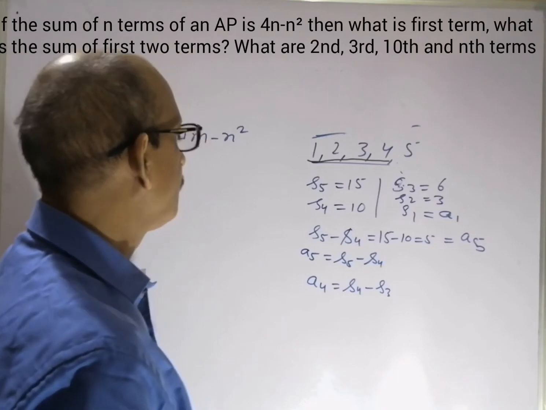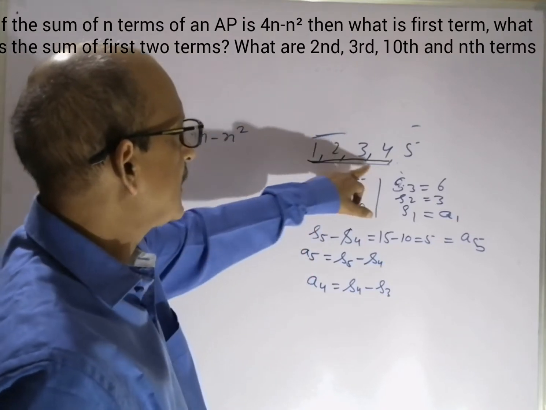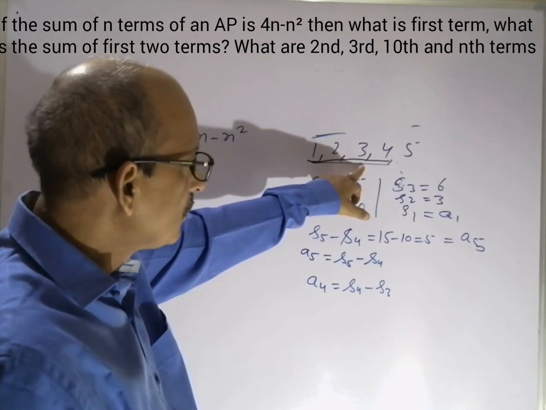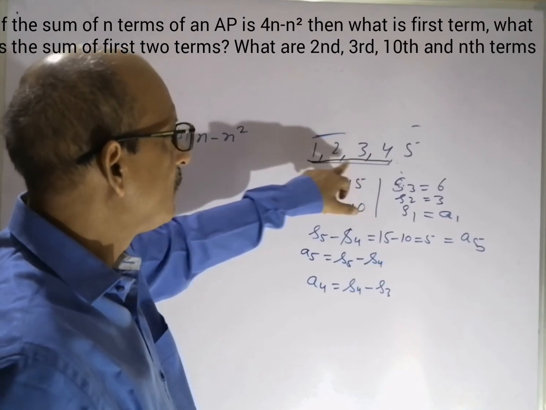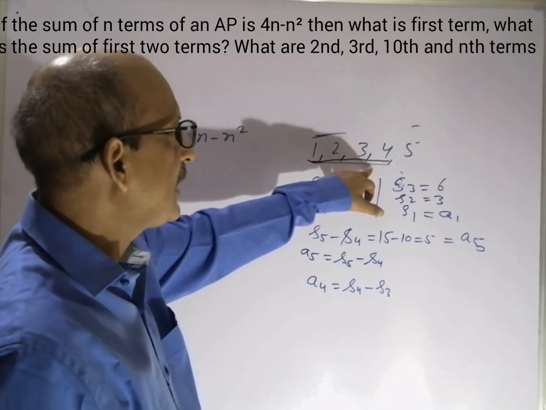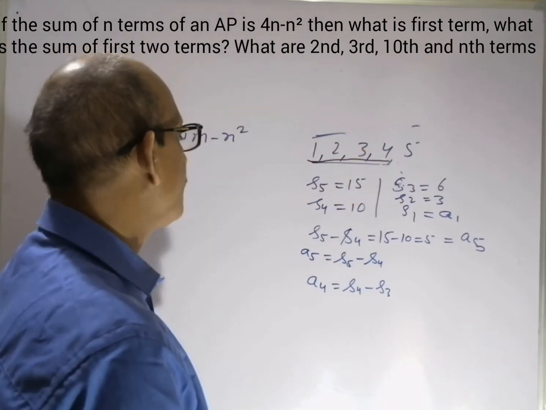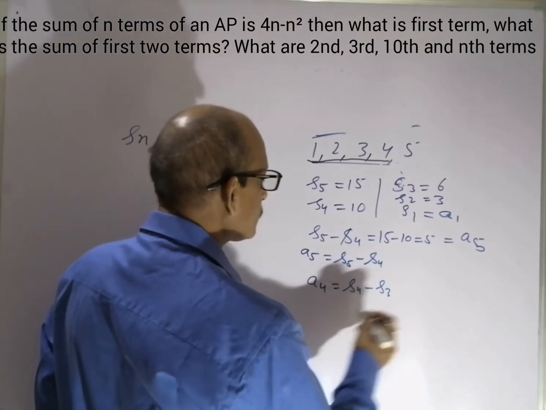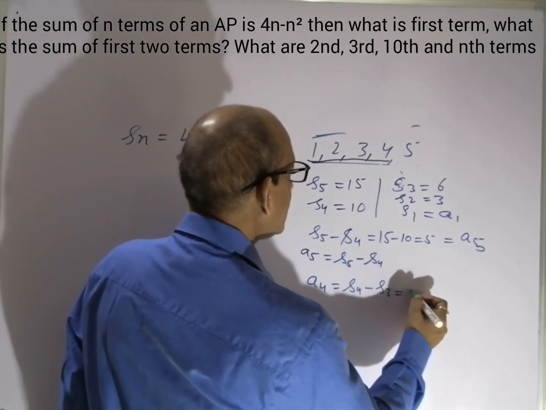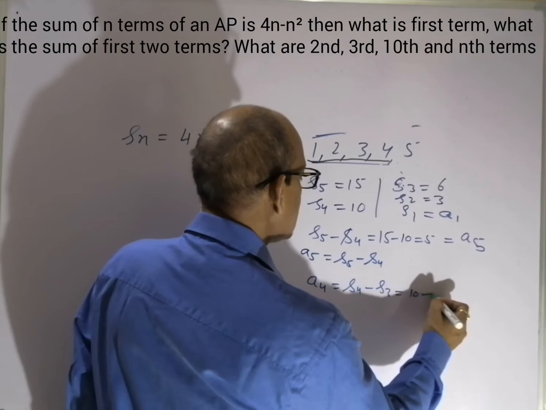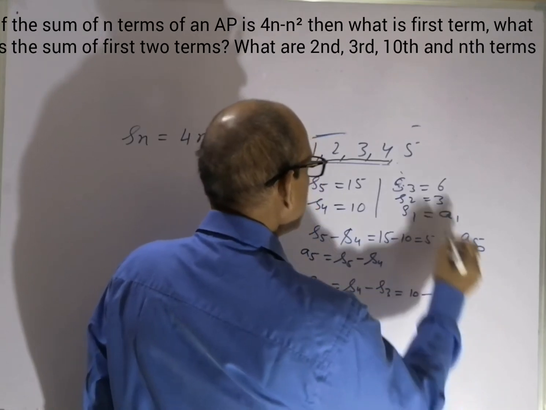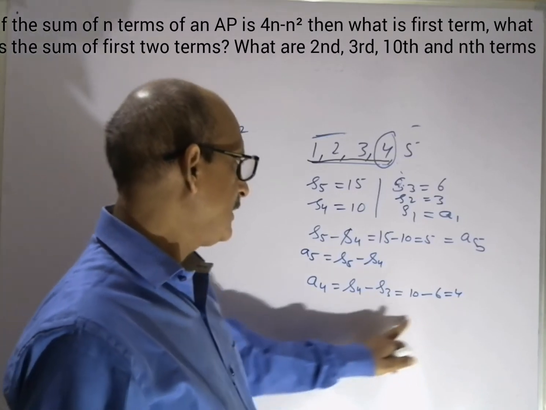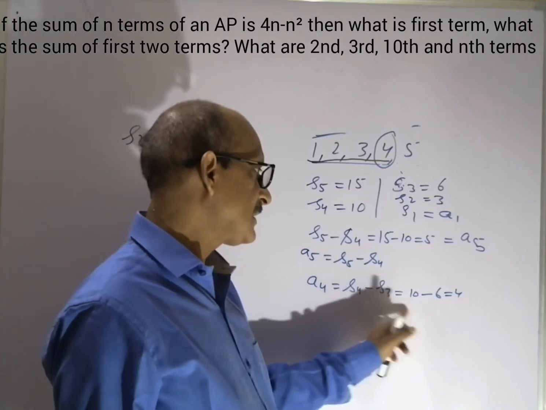Take the sum of 4 terms, that is 4 plus 3 is 7, 7 plus 3 is 10, minus the sum 3 plus 2 plus 1, that is 6. So 10 minus 6 is 4, which is itself which term? The fourth term. We can see practically: S4 is 10 and S3 is 6, that is 4. That is the fourth term A4, which is S4 minus S3.